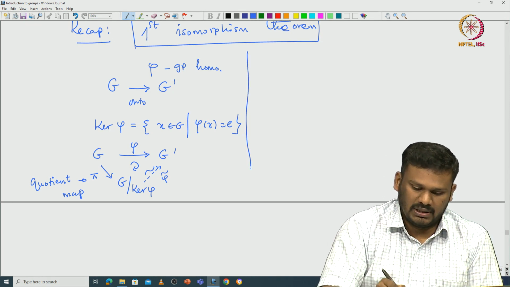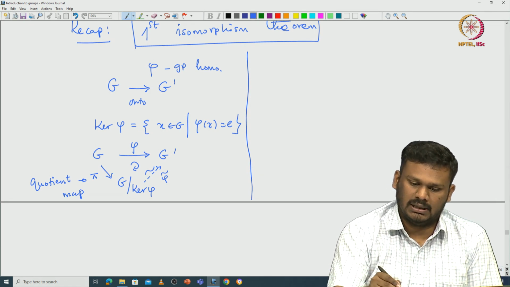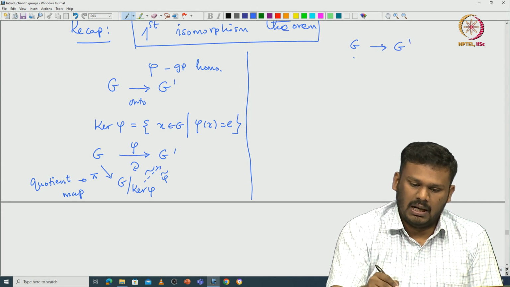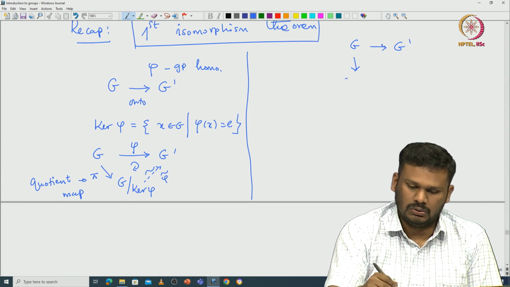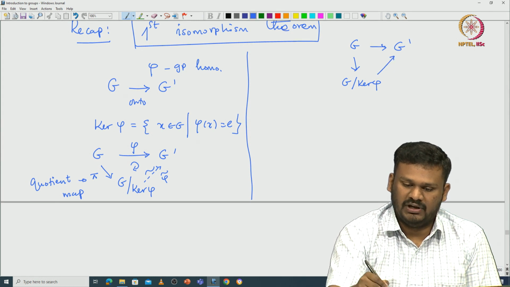What is the meaning of this diagram commuting? Let's rewrite here. G to G dash you have a map, and then you have this quotient map from G to G modulo kernel phi. Then you have this induced map phi tilde.